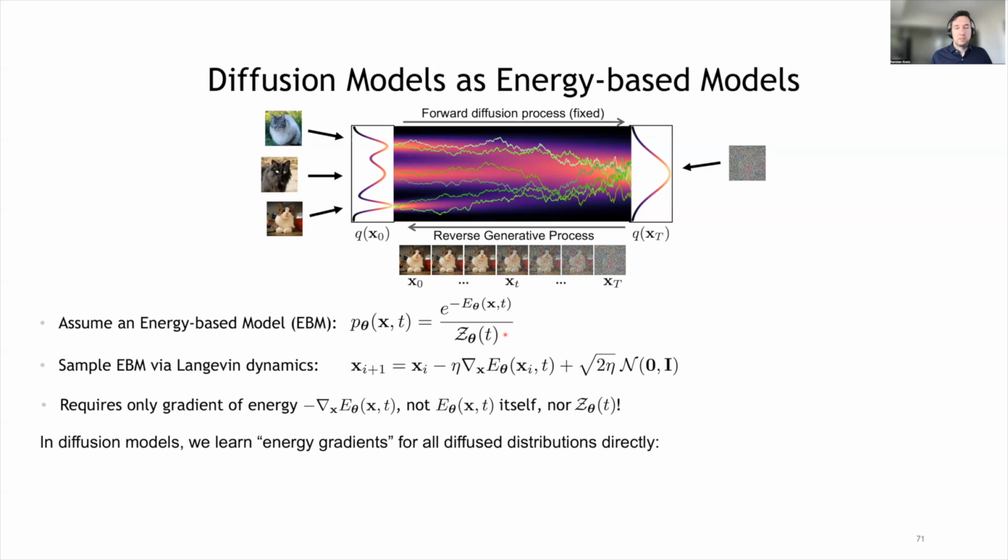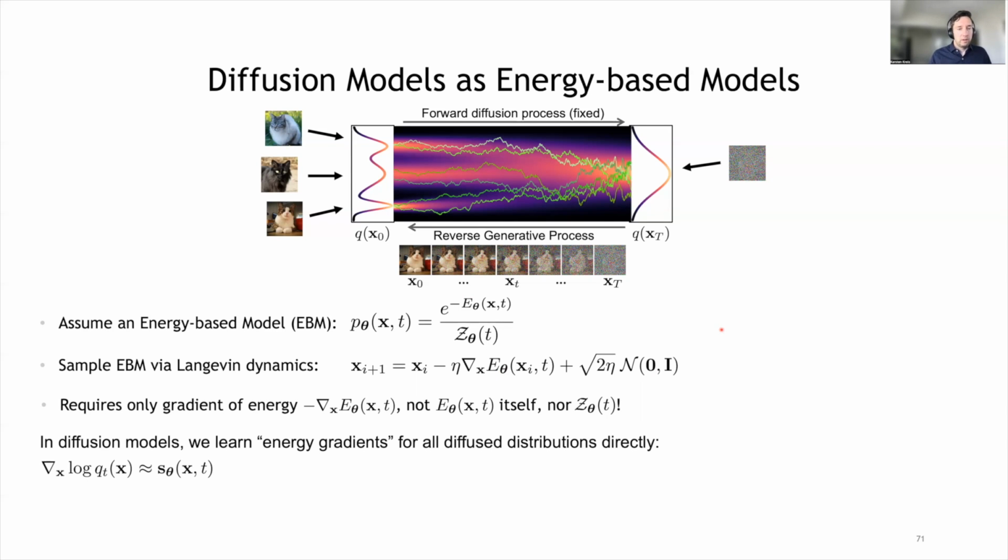This often requires advanced Markov chain Monte Carlo methods, which can be very difficult to deal with and are not that scalable, I would argue. But in diffusion models, we circumvent that and we only directly learn these energy gradients.